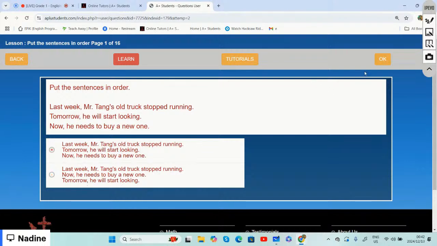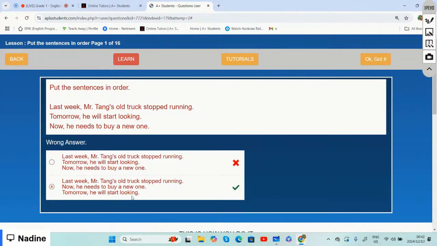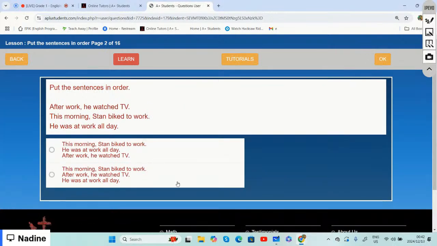Let's look at number 1. Look at the second one. It says tomorrow he will start looking. But in number 2, we first need to say now he needs to buy a new one, and then tomorrow he will start looking, right? So we need to put it in that order.